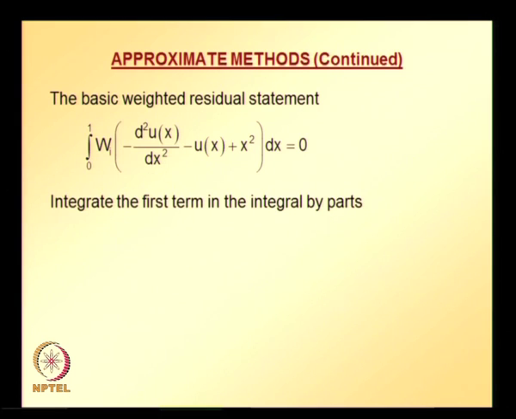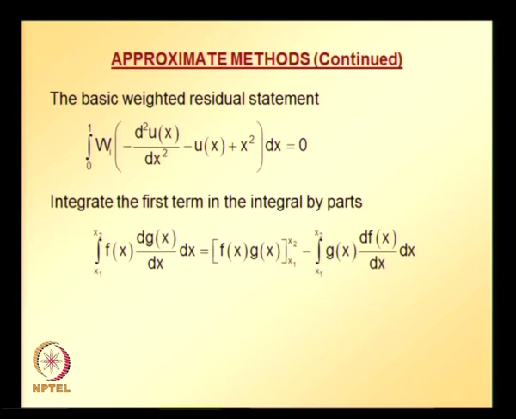Integrate the first term by parts, and the integration by parts formula is reproduced here: if we have f times the derivative of g with respect to x integrated between x1 to x2, it can be written as f times g evaluated between the limits x1 and x2, minus the integral of g times the first derivative of f with respect to x. So this is integration by parts.